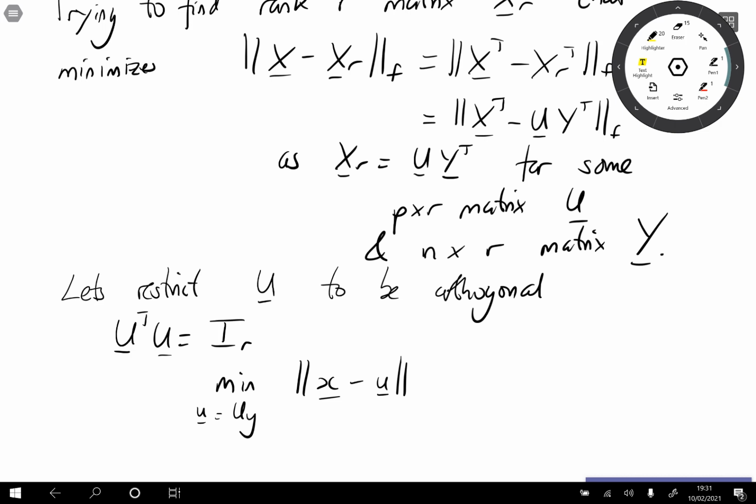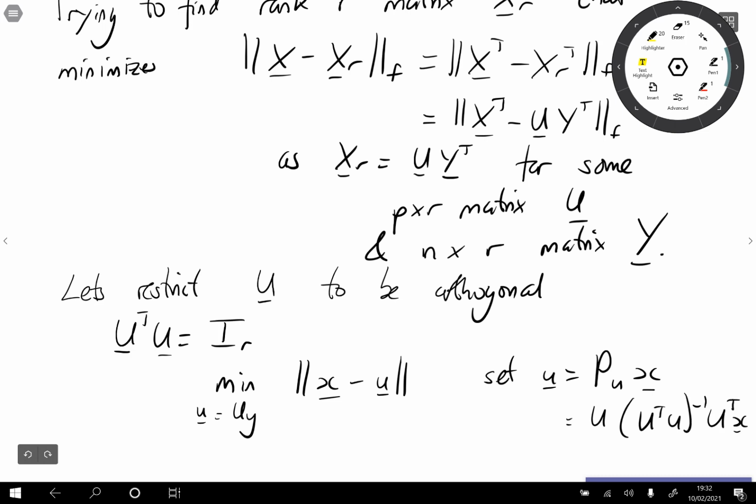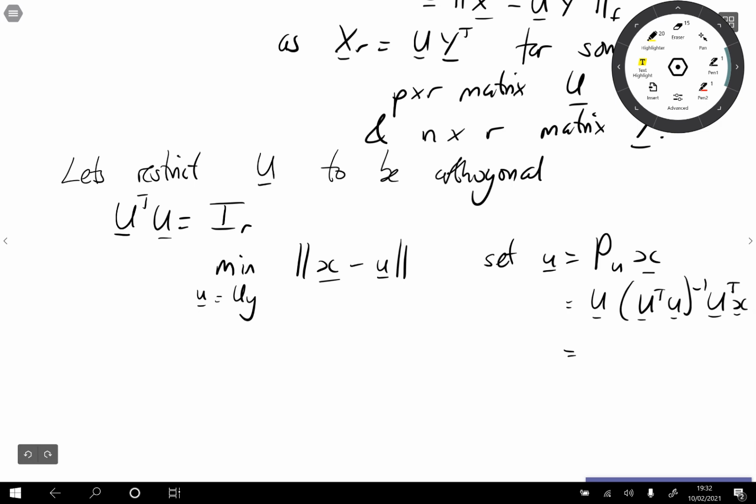So in other words, we want to project X onto the space defined by the columns of U. Then we set UY equal to the projection matrix for U times X, and the projection matrix is going to be U (U transpose U) inverse U transposed X. But U transpose U is identity, so this is just U transposed X.